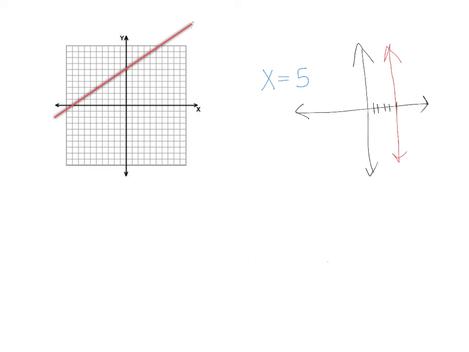And then we know that if we have y equals 5 on our coordinate plane, that we're going to go to the y value of 5 and draw a horizontal line through there.